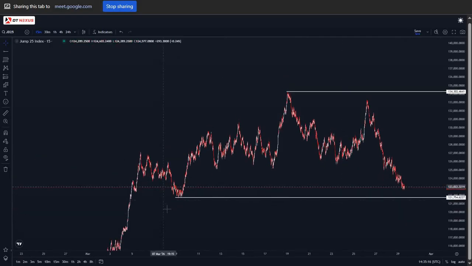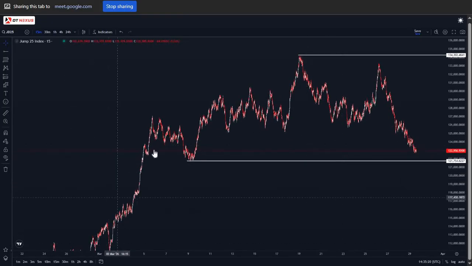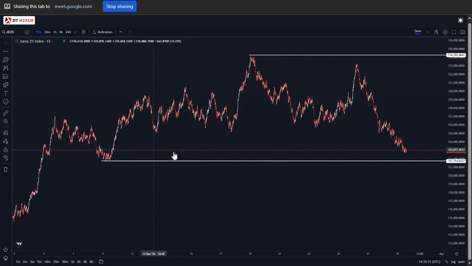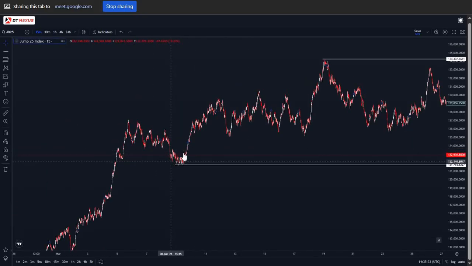This is a pre-call because we can see that the market was coming up, forming a correction, giving us a first clue to say this is where big banks and institutions start stacking themselves for the next move.